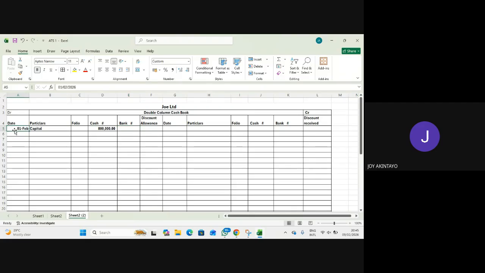This is 1st of January 2022. So now on the 4th of January, the man paid this money to the bank.